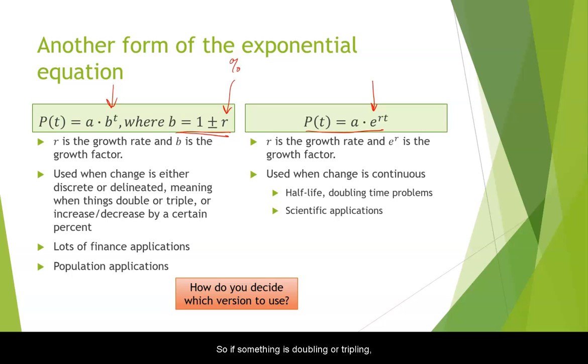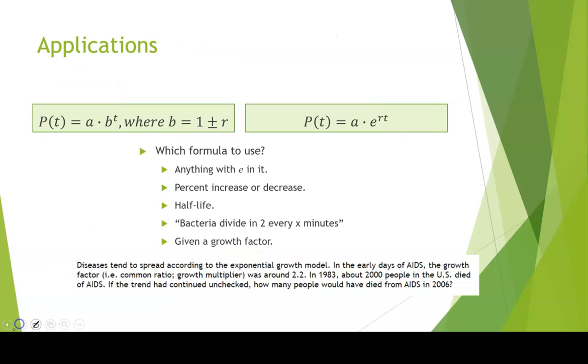So if something is doubling or tripling or increasing or decreasing by a certain percentage. You should use this form of e to the rt when the growth factor is continuous. It's really useful for half-life problems, for doubling time problems, or any scientific applications. So let's sort through when to use what.